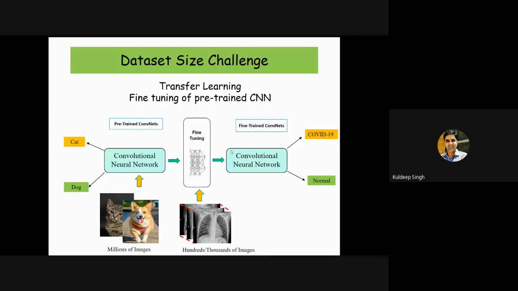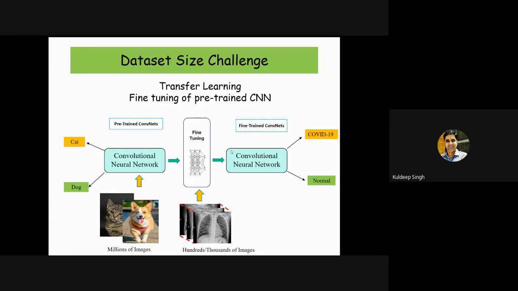Now, how does it work, why will it work? It has been trained on some other domain. How will it work for our domain? The starting layers of convolutional neural networks involve extracting lines and edges. Whether those lines and edges are extracted for dogs and cats, or for chest X-ray images, the task is similar. So we need not retrain those starting layers. Even if they were trained on a different data set, their task is to extract lines and edges, and they can achieve that task on the medical image domain as well.